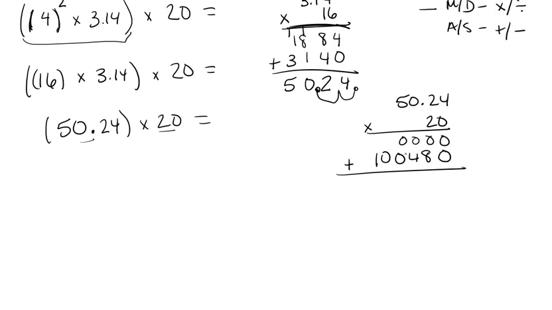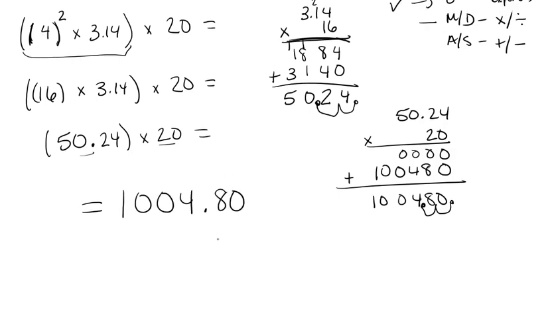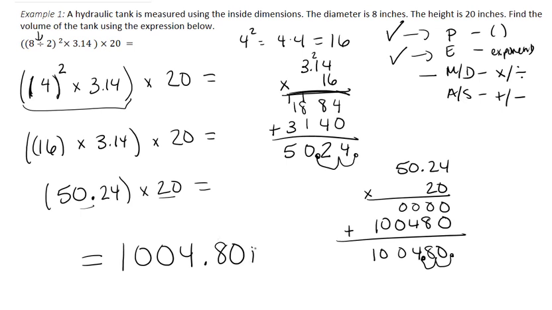So we only need to rewrite this second line here, as the top line is just zeros. Now we have 2 decimals to move over, so we go 1, 2. And so our answer here is equal to 1004.80. And this is for the volume, and this is inches cubed.